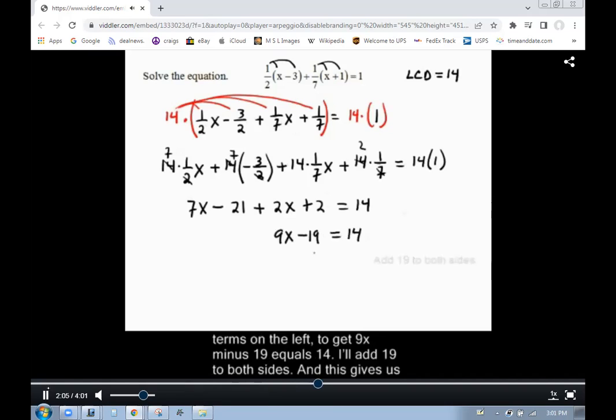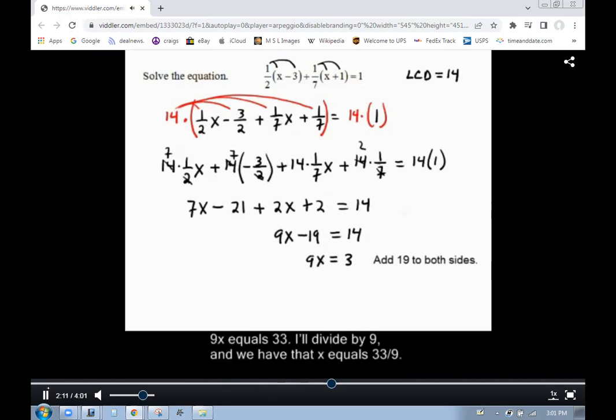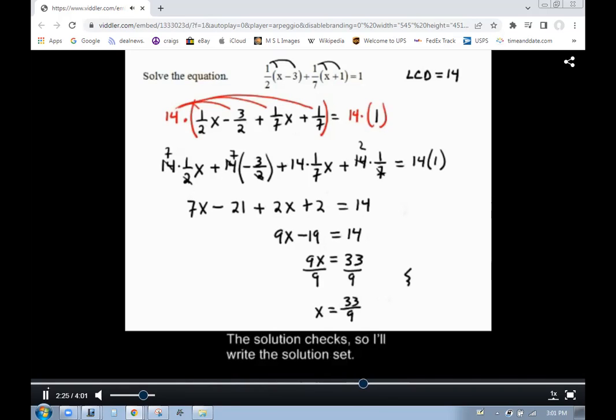I'll add 19 to both sides, and this gives us 9x equals 33. I'll divide by 9, and we have that x equals 33 over 9. The solution checks. I'll write the solution set.